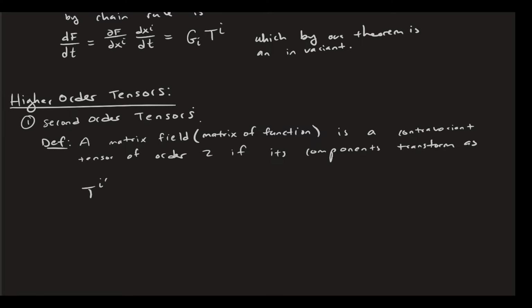T i prime up, j prime up equals partial x i prime up over partial x r, partial x j prime up over partial x s, T r s up. And we call this a 2-0 tensor: 2 contravariant, 0 covariant indices.